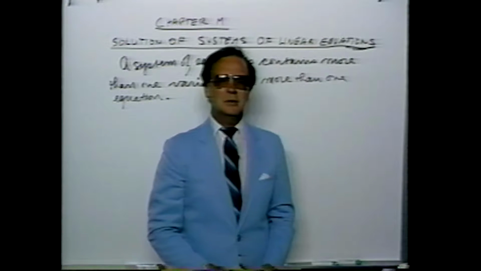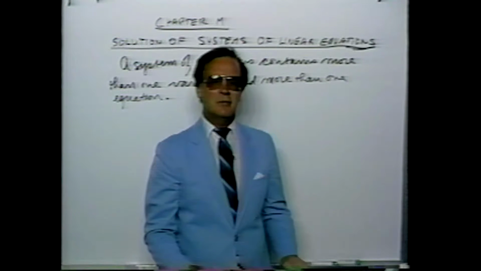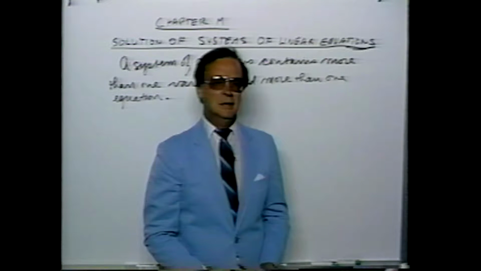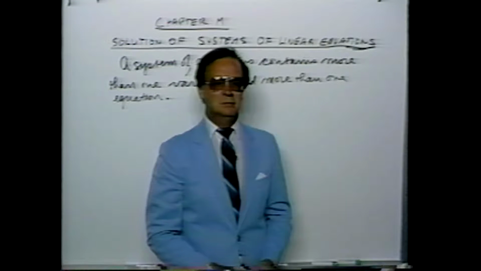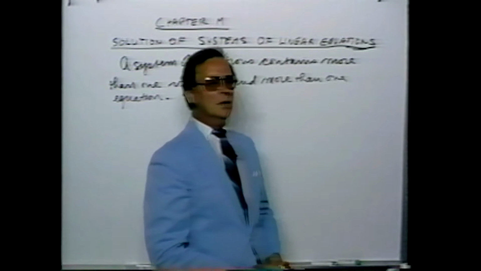If all the variables are linear, that is, the exponent of the variable is 1 and it is not a divisor, then it is a linear system. Otherwise, it is nonlinear.